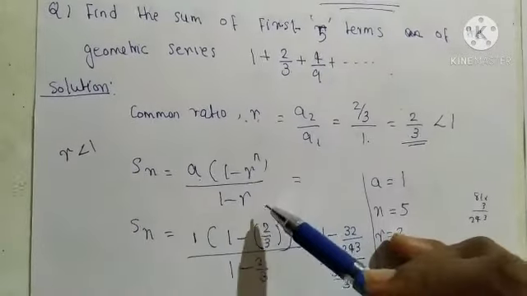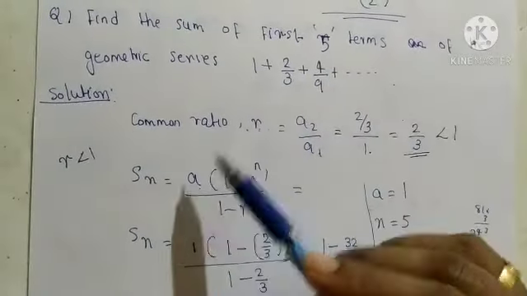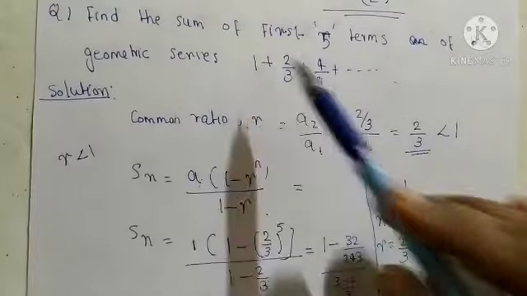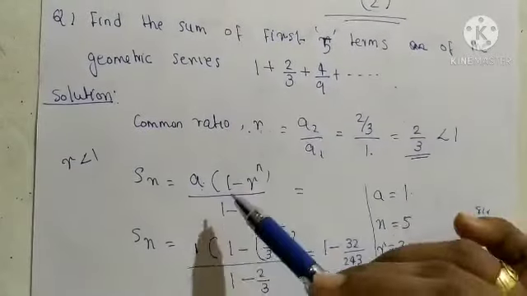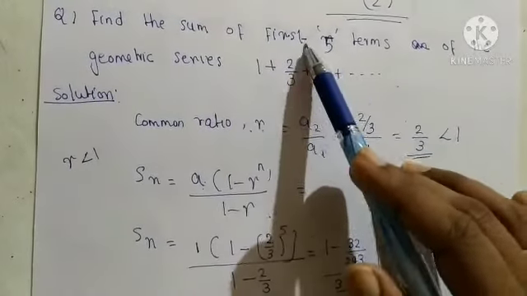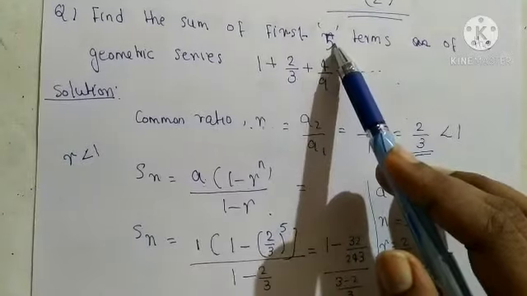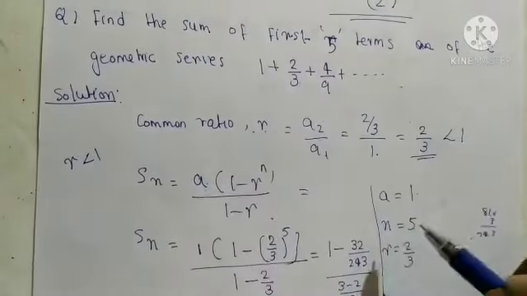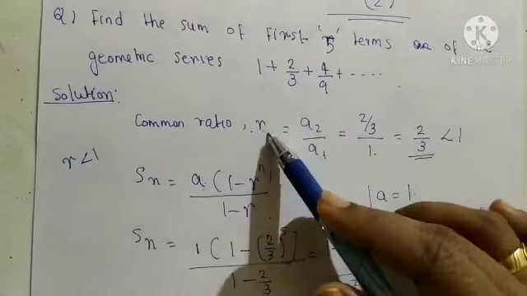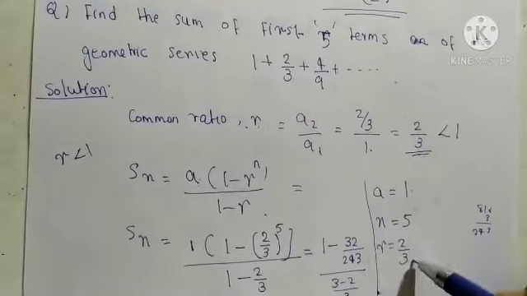Okay, so here the value of a, the first term, is 1, and in this question we need to find the first 5 terms, so the value of n is 5 and r is the common ratio, that is 2/3.